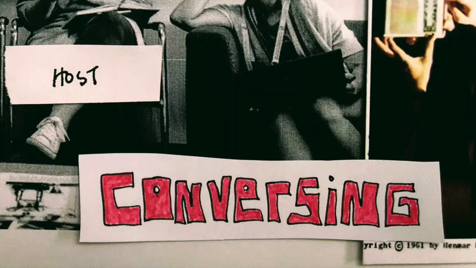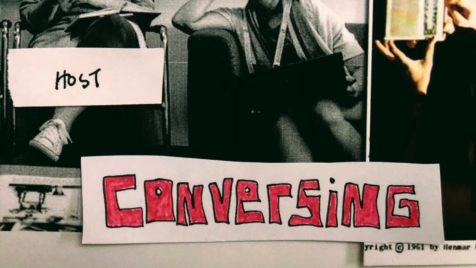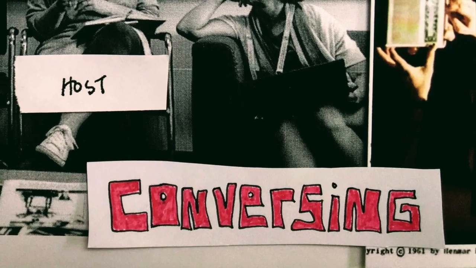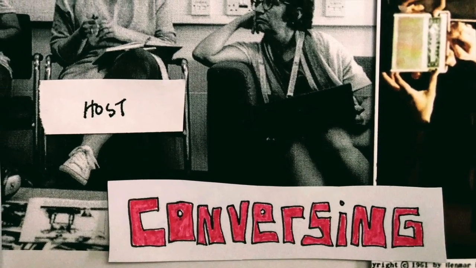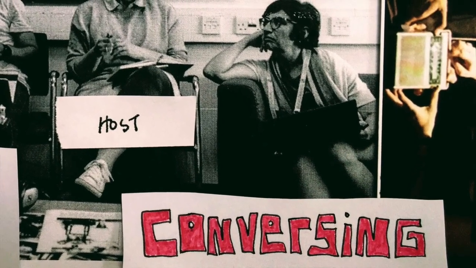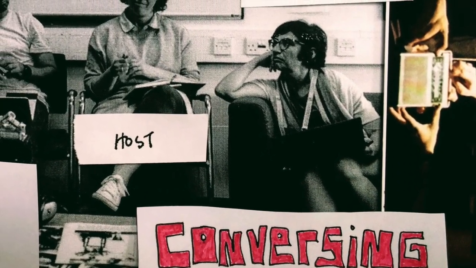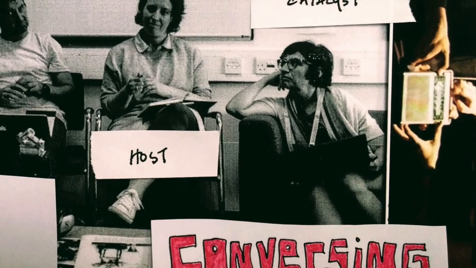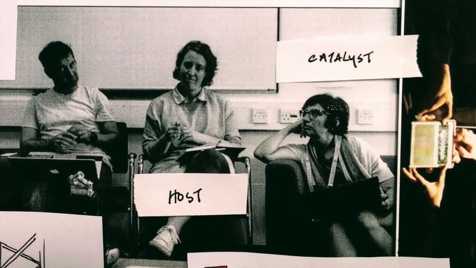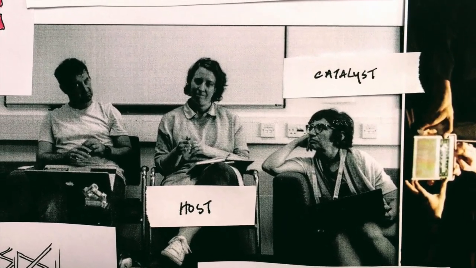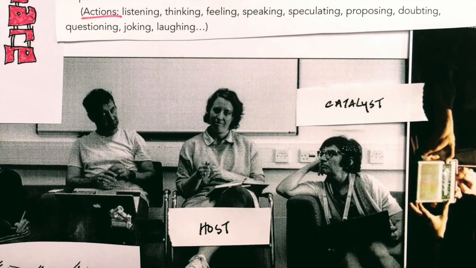The third phase then is conversing. This is when we begin to chat about the seed, the idea, the question that's been opened out. So we open up to a collective response. Now, very often the conversation is a bit slow to start, and silence is something that we will have to become a little more accustomed to in the context of this workshop.